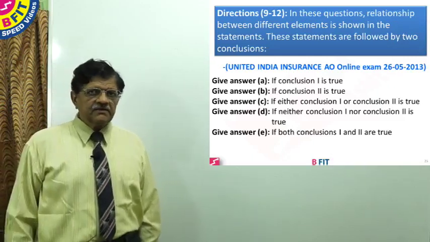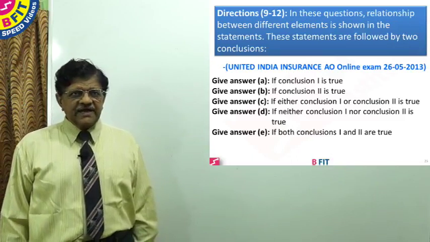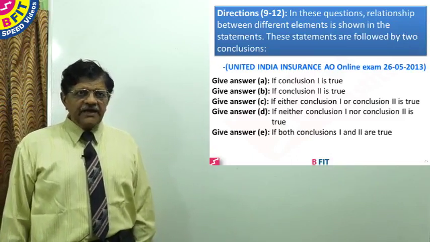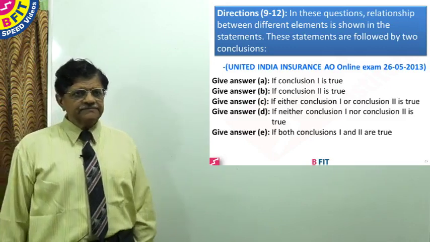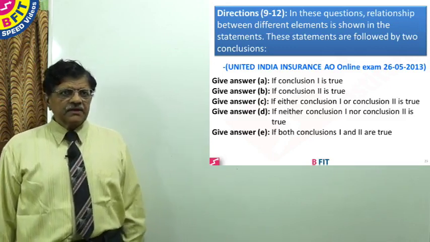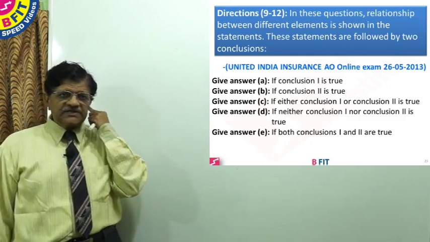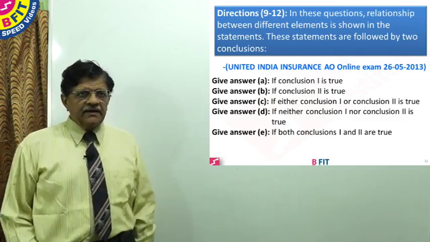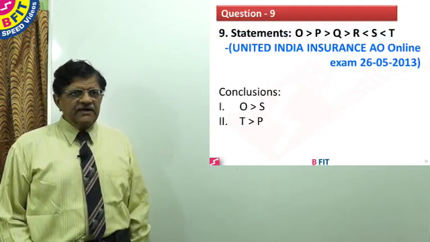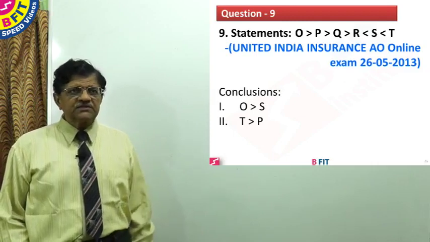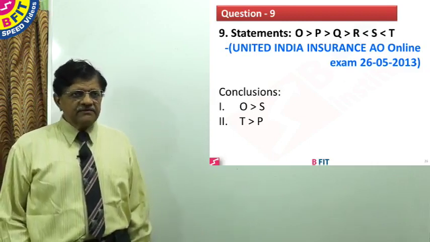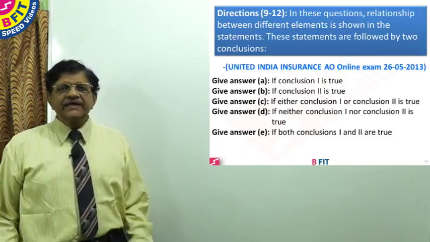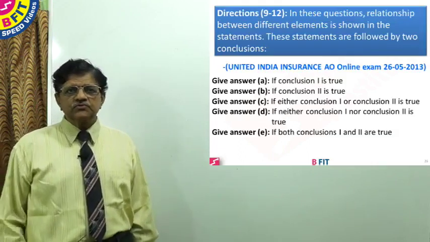This question from 9 to 12 is taken from United India Insurance Administrative Officer Exam 2013. In this question, as you can see for yourself, they are giving two conclusions and we have to tell: answer A if conclusion 1 is true.